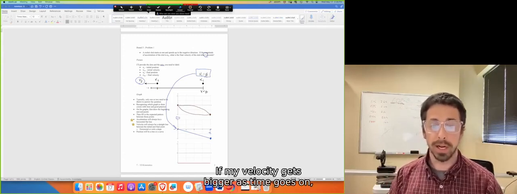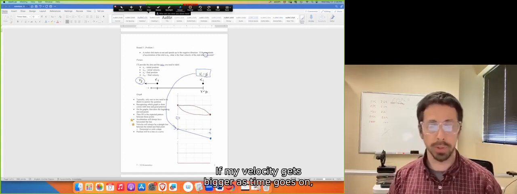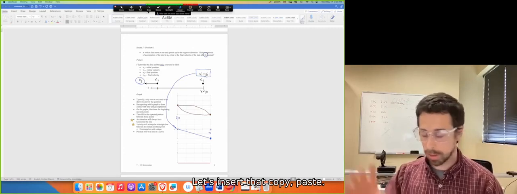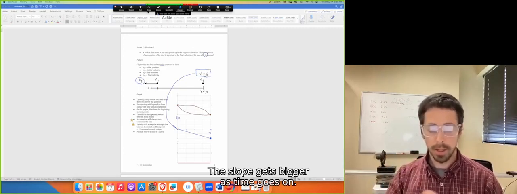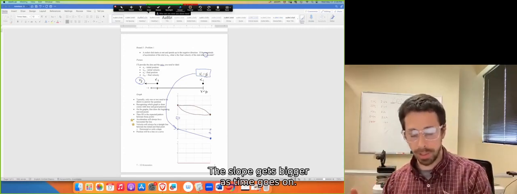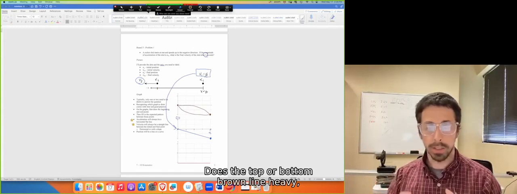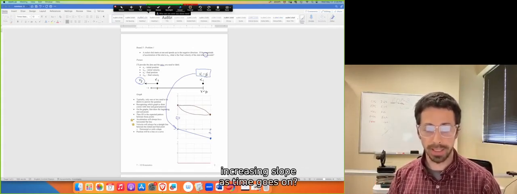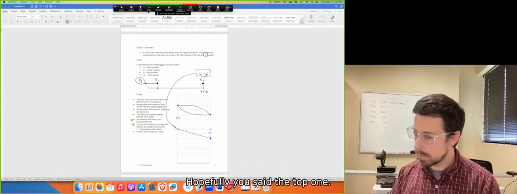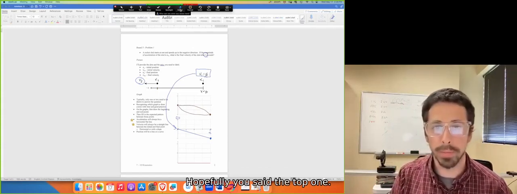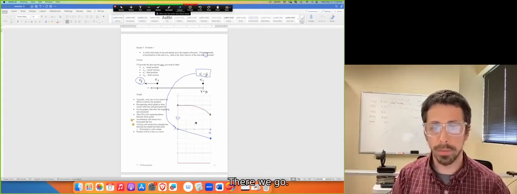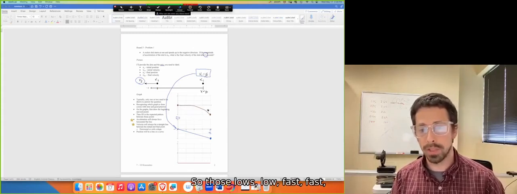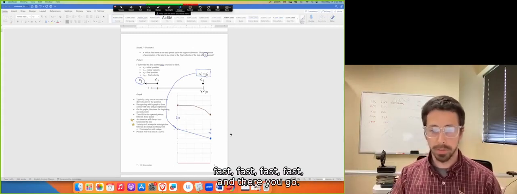So if my velocity gets bigger as time goes on, the slope gets bigger as time goes on. Does the top or bottom brown line have an increasing slope as time goes on? Hopefully you said the top one, right? There you go. Slow, slow, slow, fast, fast, fast, and there you go.